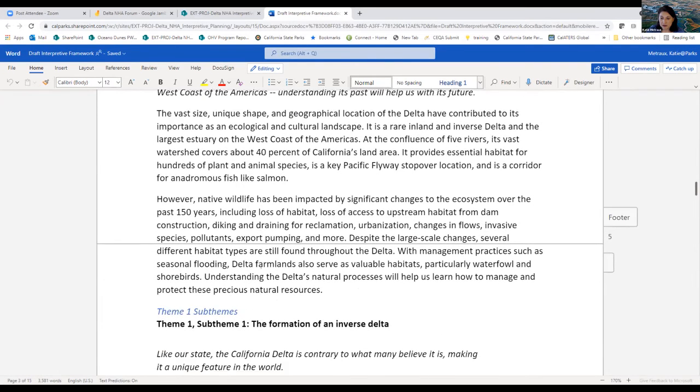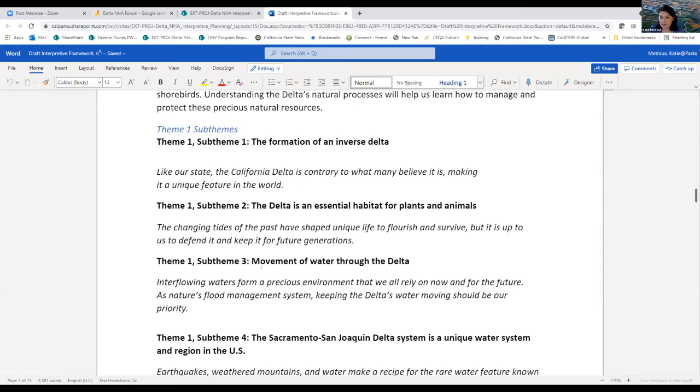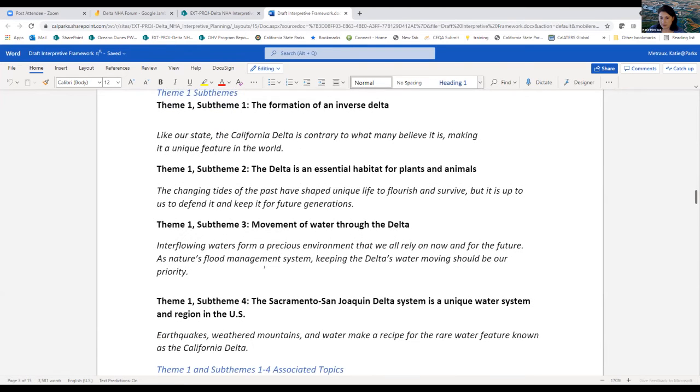And then here are some examples of our sub-themes. Like, our state, the California Delta, is contrary to what many believe, making it a unique feature in the world, for example. These can be wordsmithed much more, but I just wanted to show you the progression.